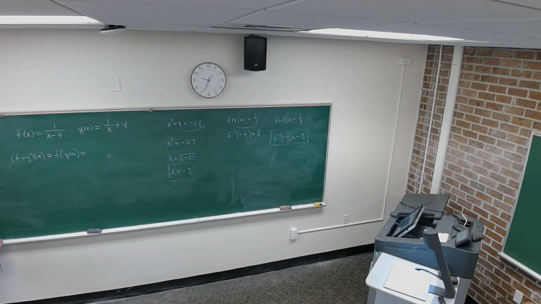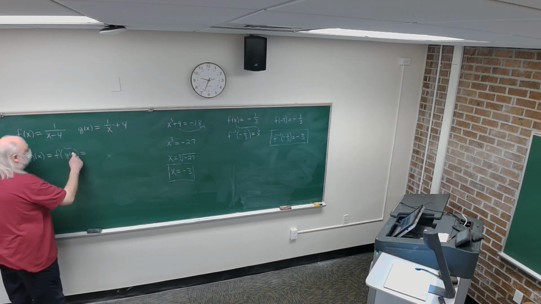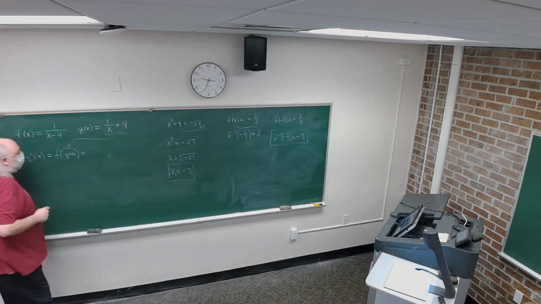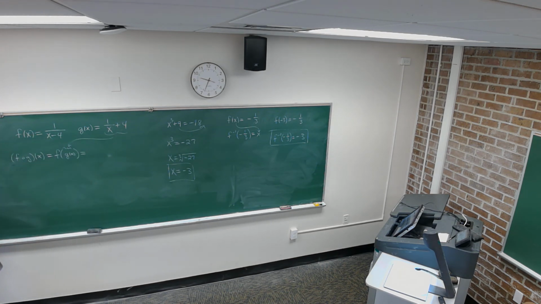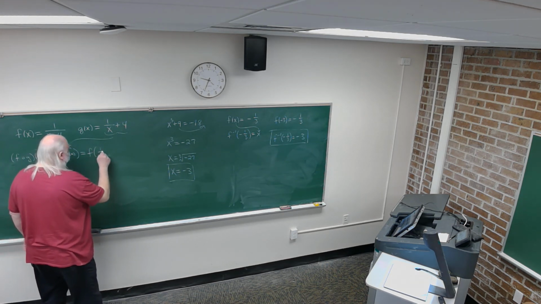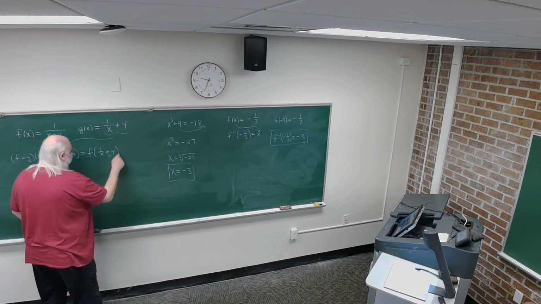What's the first step? Replace g of x with what it's equal to, right? So g of x is equal to this. So we put that in for g of x. So we have f of 1 over x plus 4.